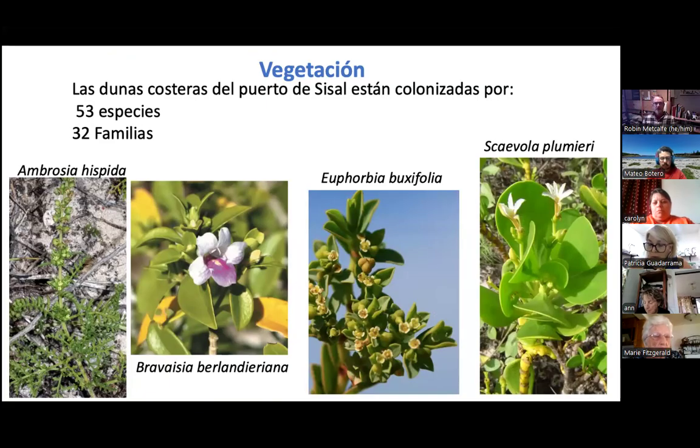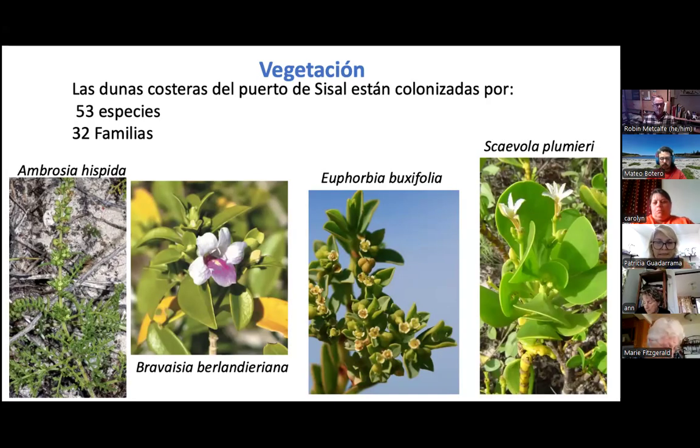Then, once we understood how they are distributed in the coastal dunes, we selected the most common ones and included them in this guide.